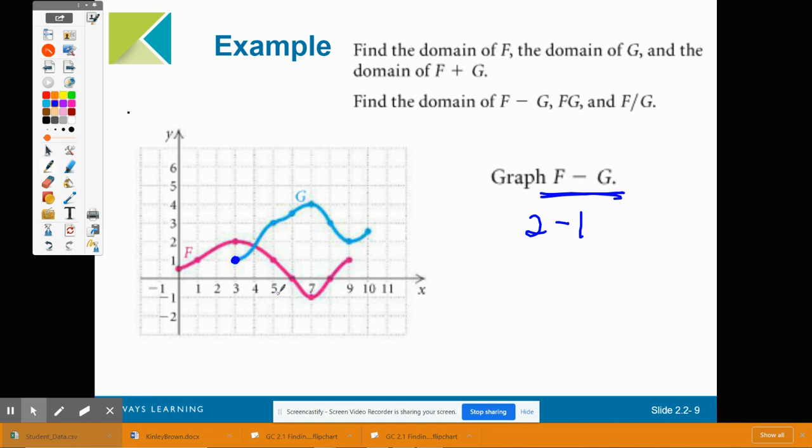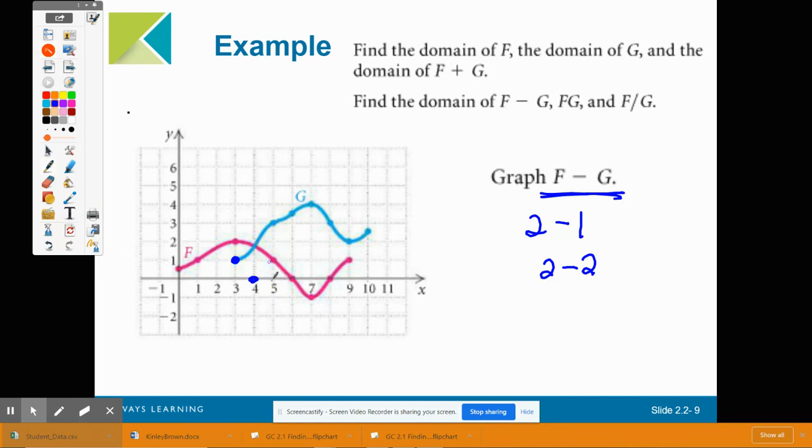So that goes there. Now on this next line, the pink number looks like 2, minus the blue number's right on top of it too. So my new graph is going to go at 0 on that line.